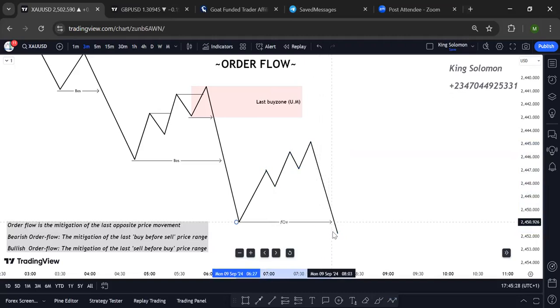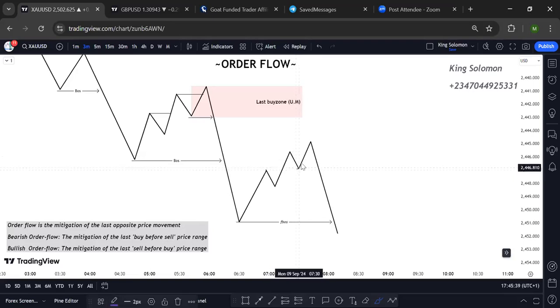Now on the normal point, you can visibly see that there is another last buy zone before this break of structure, right? And where is the buy zone? This is the buy zone. That's this buy before this sell.